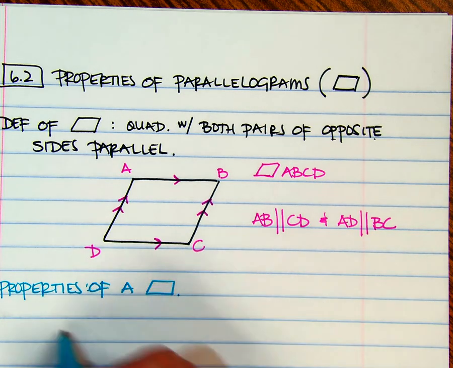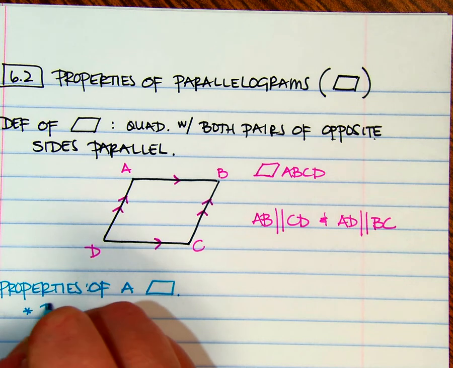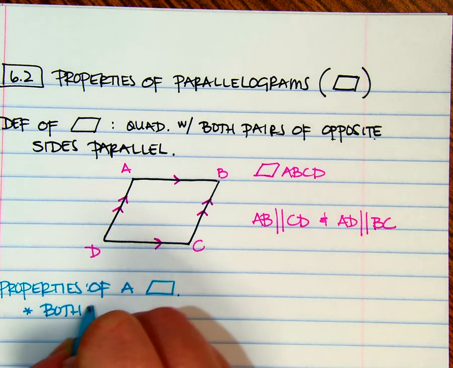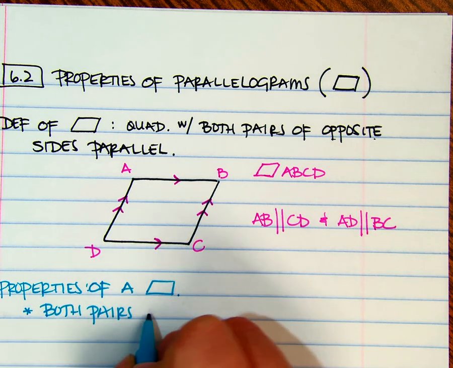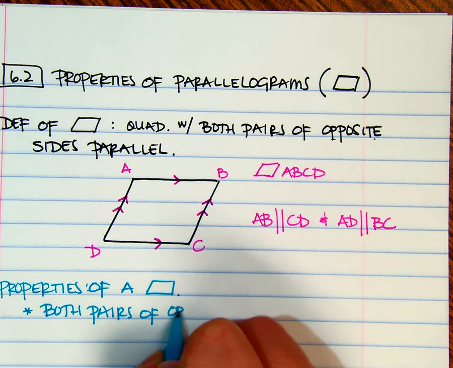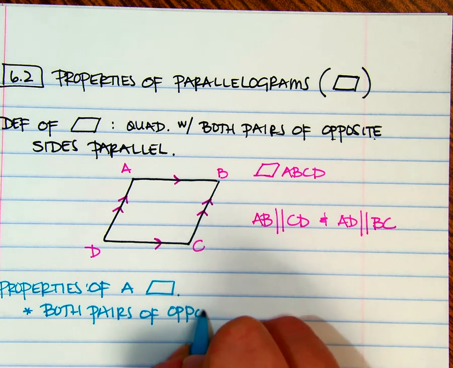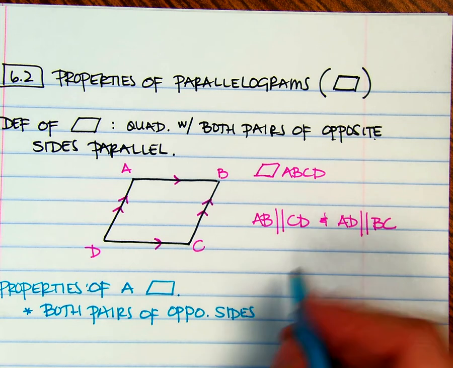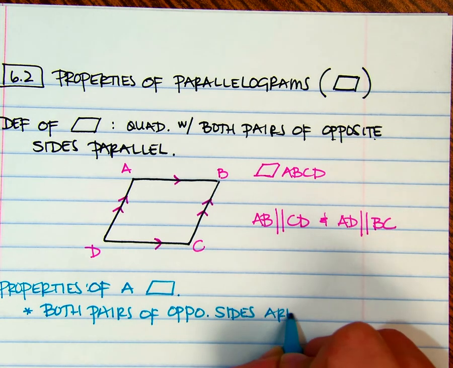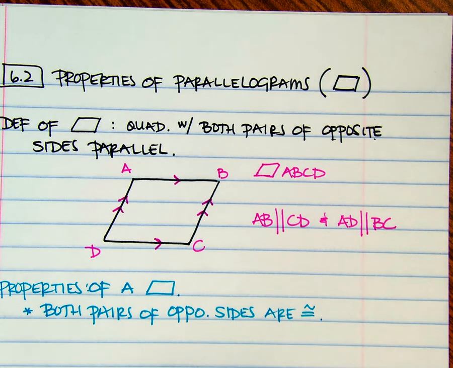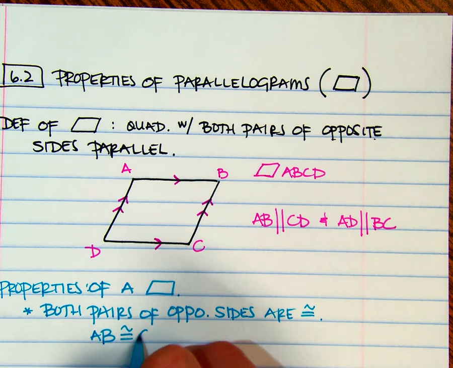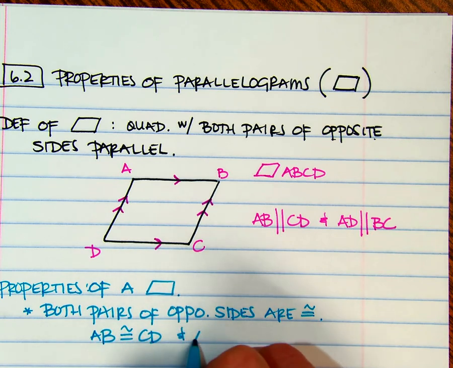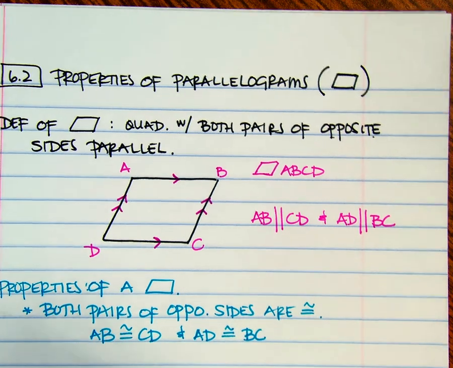We also know that both pairs of opposite, I usually abbreviate opposite, OPPO, both pairs of opposite sides, not only are they parallel, but they are congruent. So I know that AB would be congruent to CD, and AD would be congruent to BC.